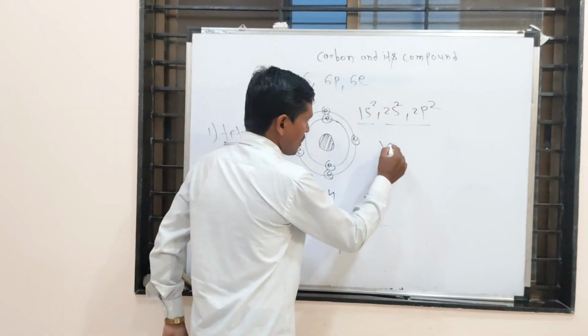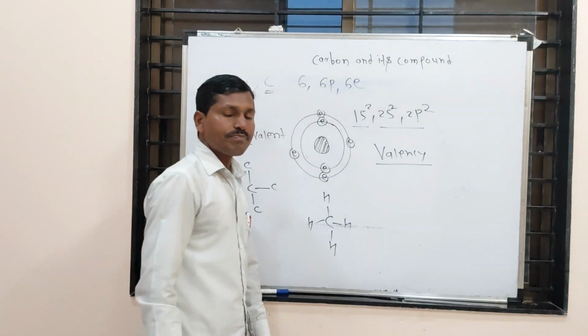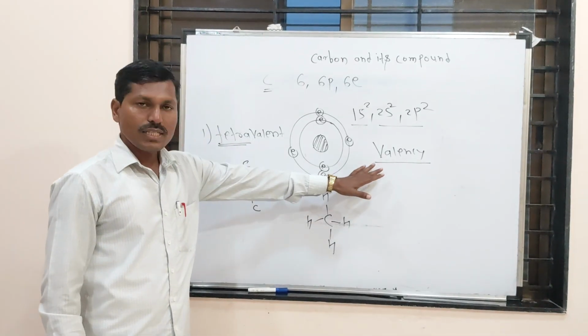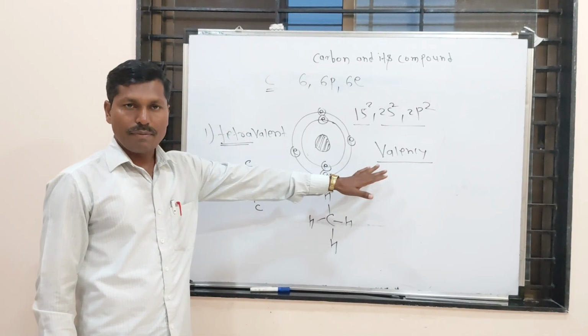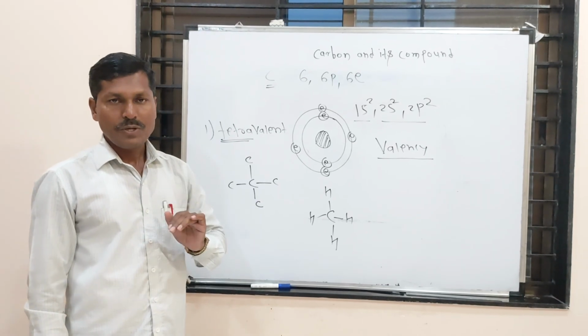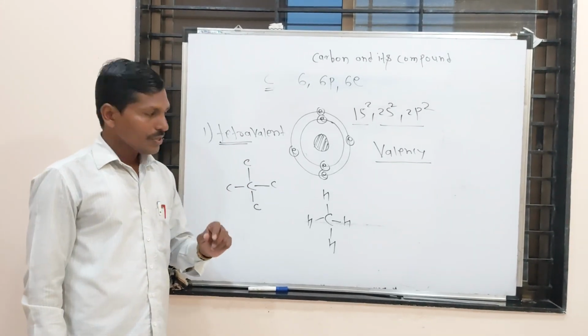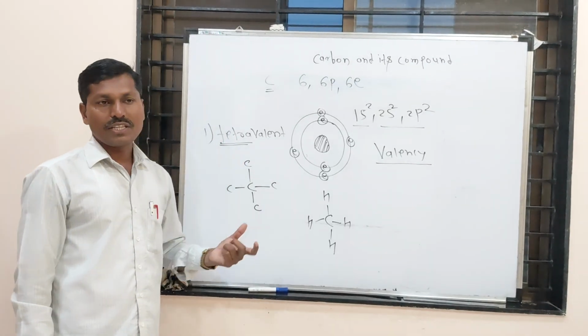So what is meant by valency, and how do we find the valency? Valency is nothing but the combining capacity of that element. So here the carbon combining capacity is 4. That's why it is called tetravalent in nature.